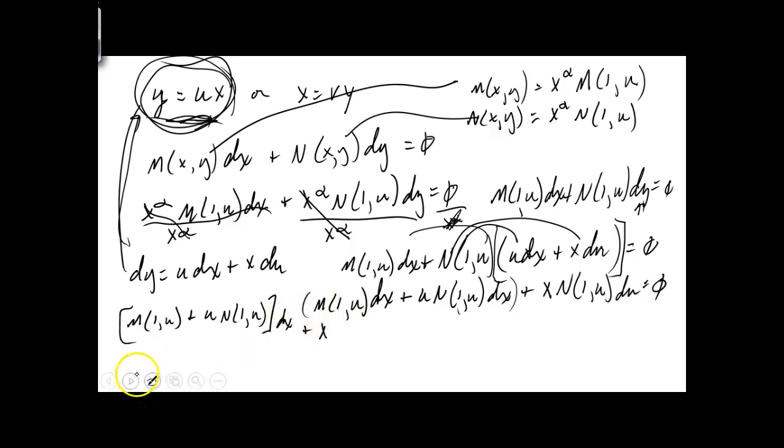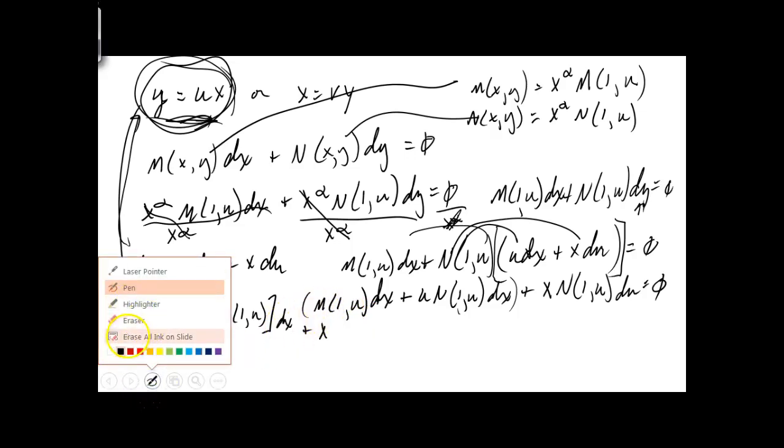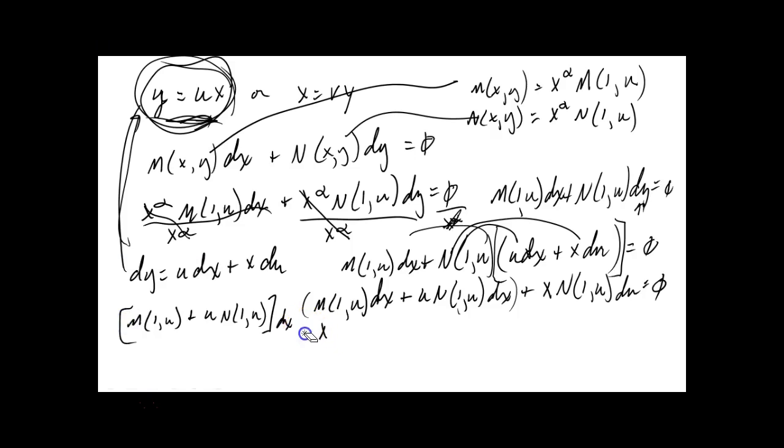Here's where I put the equal sign. Probably will come back to bite me here, but I like it this way. Is equal to, and you're going to have to negate it, that's the only downside to it, minus x n of 1, u du. Okay, because that was equal to 0.